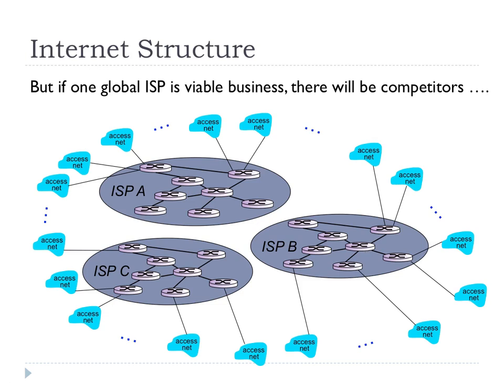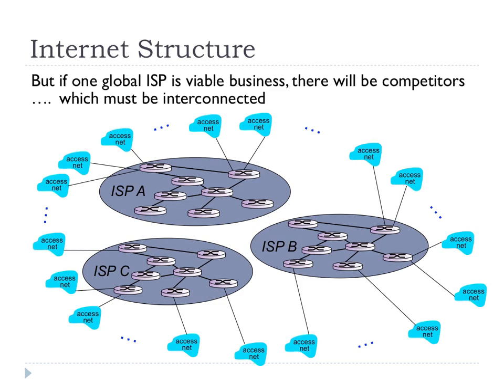Now, how and why are they going to connect to each other? They'll connect, but there's going to have to be some mutual benefit involved. So how are we going to interconnect these guys? Well, often what will happen if these guys are sort of at the same level is they do this thing called peering, where they connect to each other, they agree to talk to each other and share connections equally.